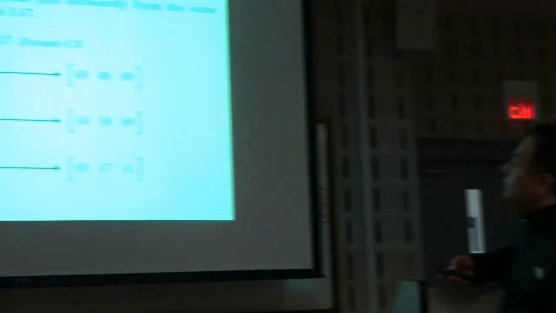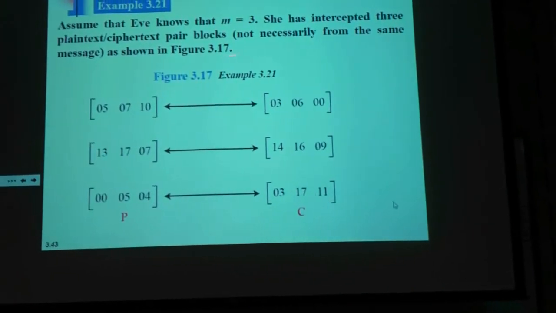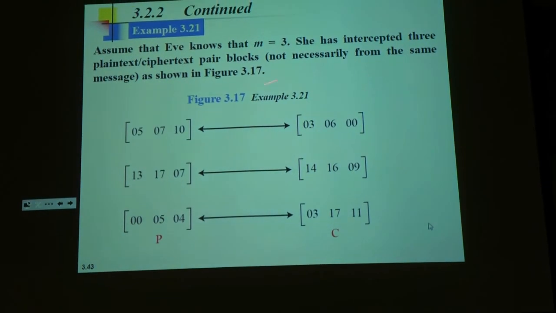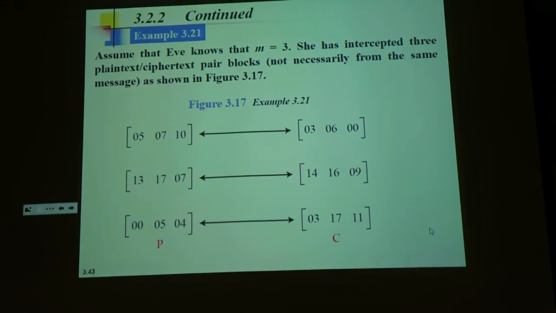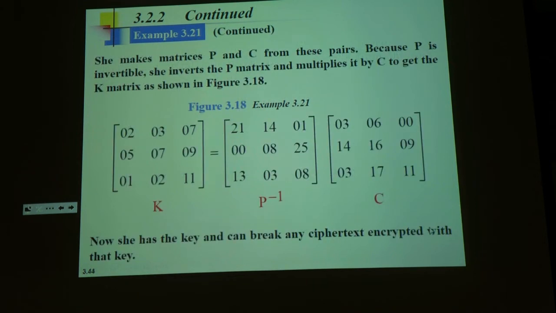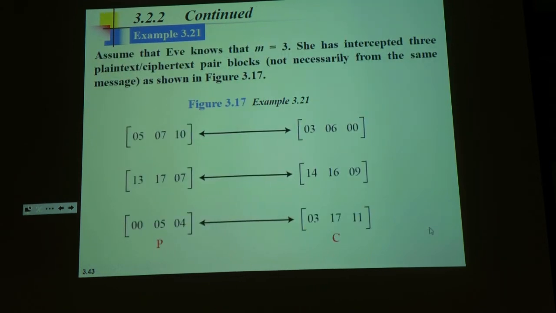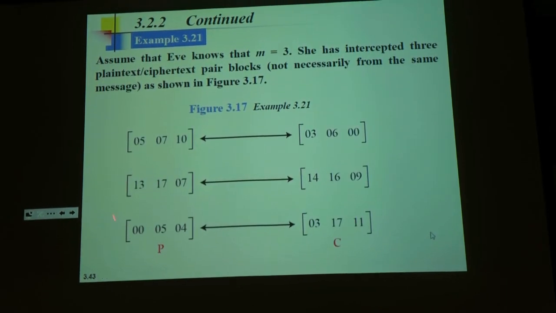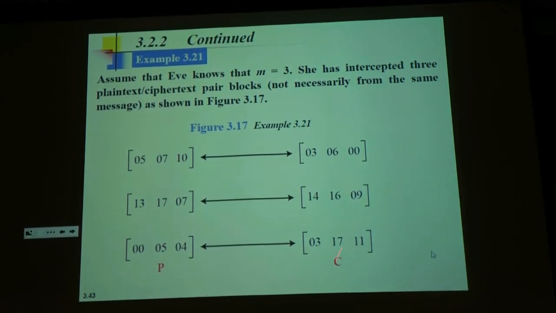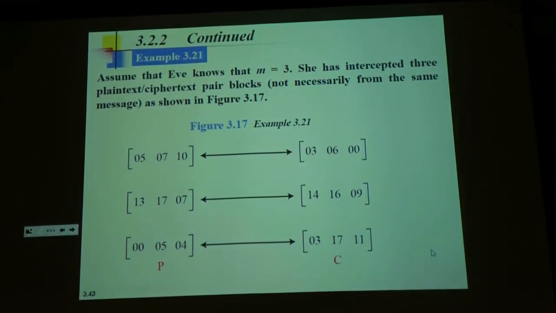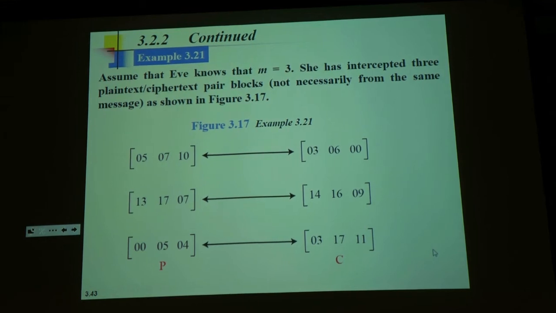Same thing in here. So assume that Eve knows that M3, she has anticipated 3, whatever. So that's the plain text. So transmission. That's the ciphertext. You could build a matrix like this. Okay, that's where the danger is. So now what do you know? You know the plain text and you know the ciphertext.